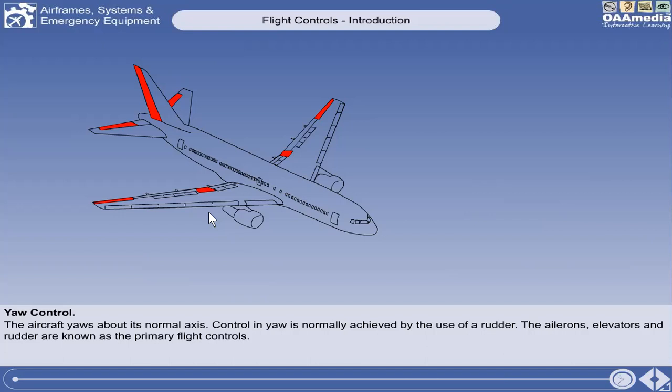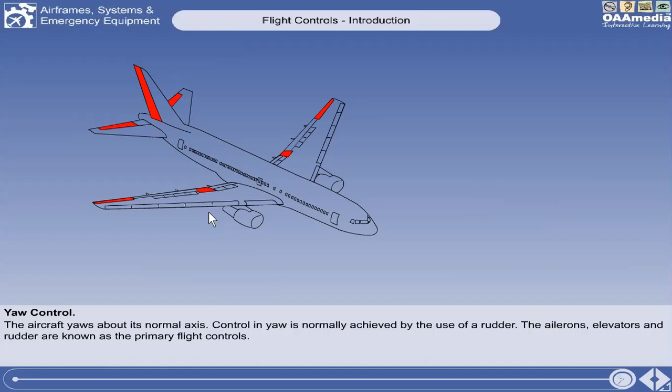But there are some instances wherein specific control surfaces are a combination of the two. Basically, their function can also be, for example, for ailerons and elevators, it can also provide pitching and yawing.